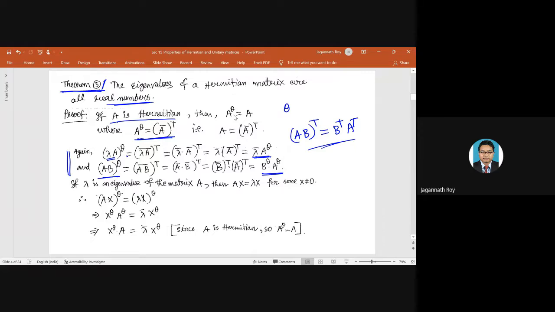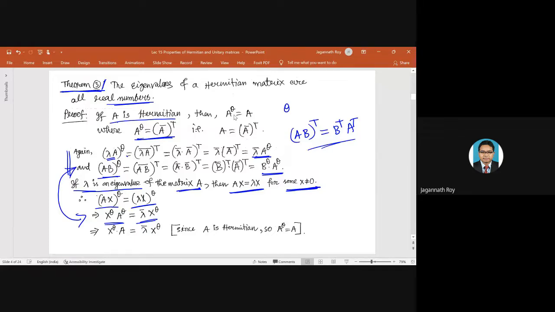Now, as we want to verify whether these eigenvalues are real or not, let us try. Let lambda be an eigenvalue of the matrix A, then by the definition of eigenvalue, it will satisfy Ax equals lambda x for some x non-zero. Now, if you take theta on both sides, this will satisfy this relation by the property.